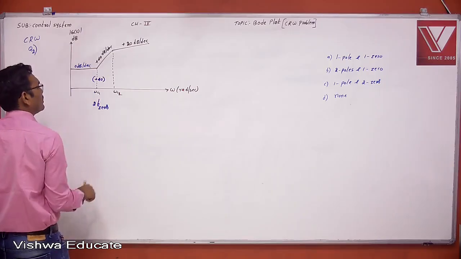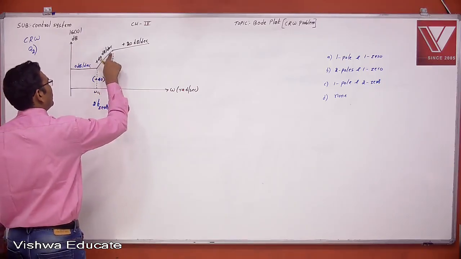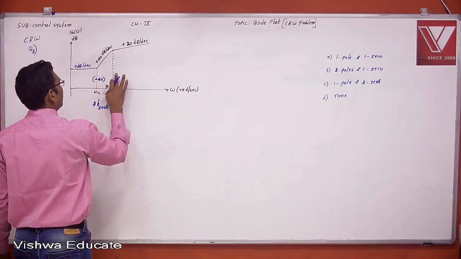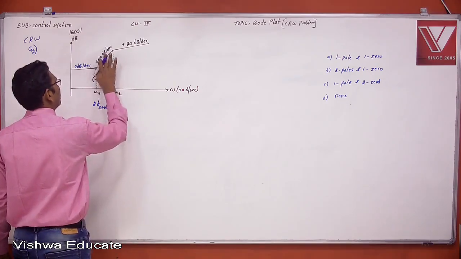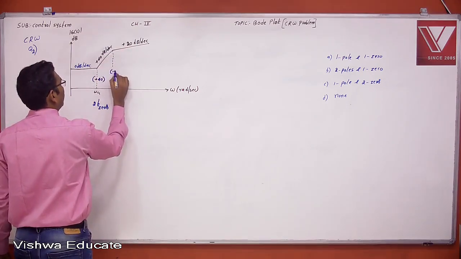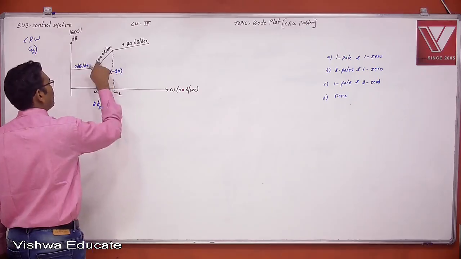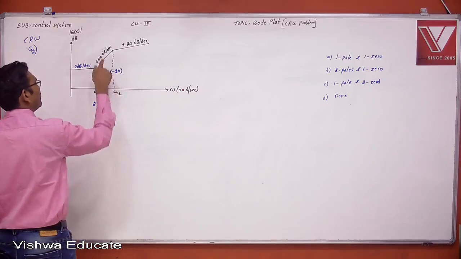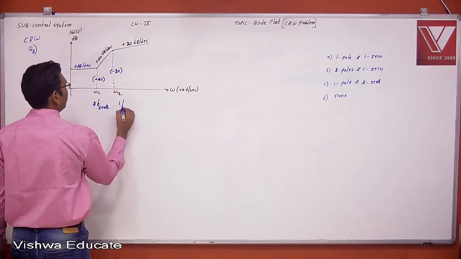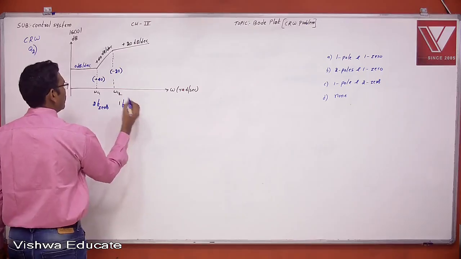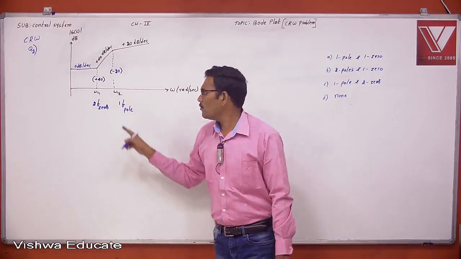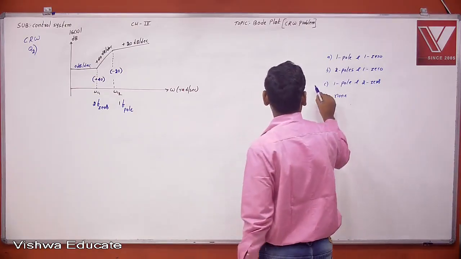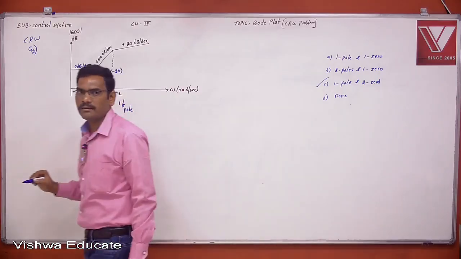Because at a corner frequency, next, plus 40 will become plus 20 by adding minus 20. Now minus 20 is given by 1 finite pole. So the transfer function consists of 1 pole and 2 zeros. Is there a 1 pole 2 zeros option? That is option C. Note down.